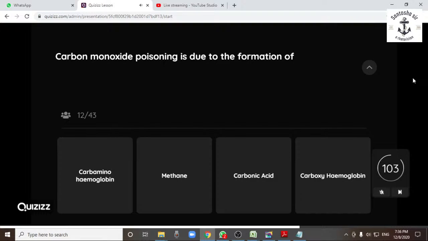Carbon monoxide poisoning is due to the formation of... 70 seconds more.